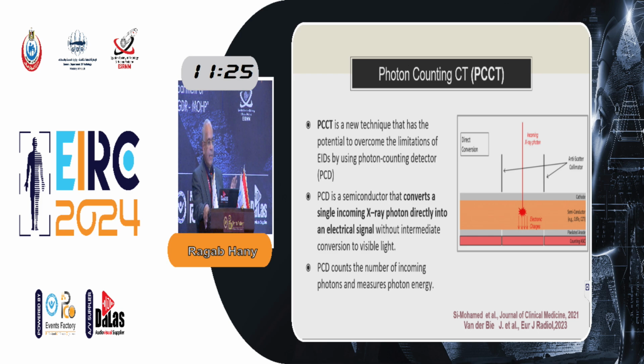In photon counting CT scan, instead of the three steps for production of the image, we have only two steps. The X-ray beam just hits the detectors, then it is transferred directly into an electric signal, which is converted to an image. So now we have two steps in production of the CT image.